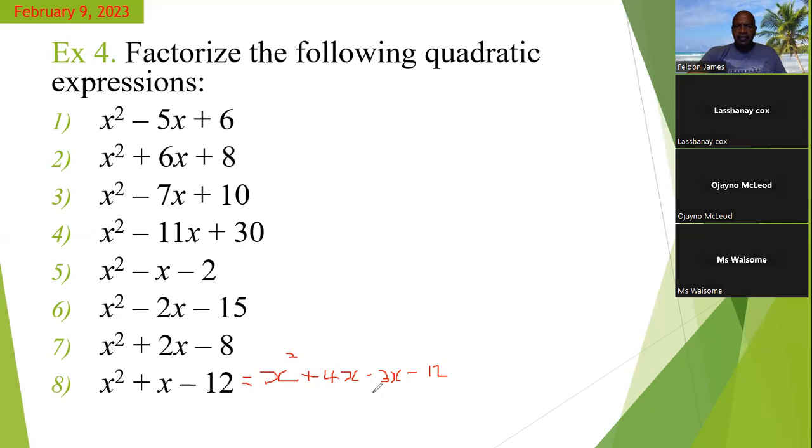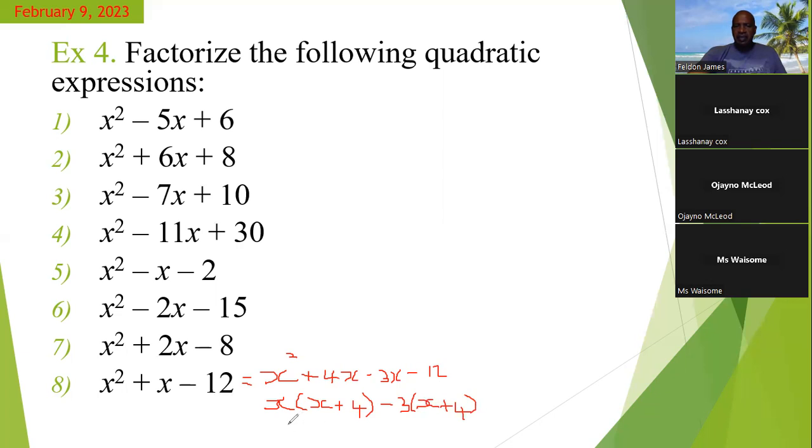And for the first pair, the common factor is x. So x into x squared gives you x. X into 4x will just give you 4. And negative 3 is our common factor here. Negative 3 into negative 3x gives you x. And negative 3 into negative 12 gives you a positive 4.